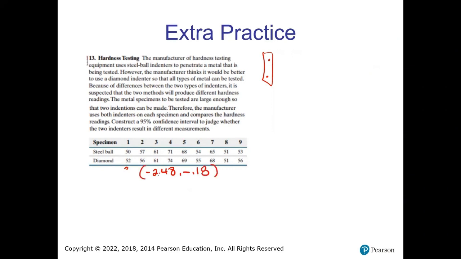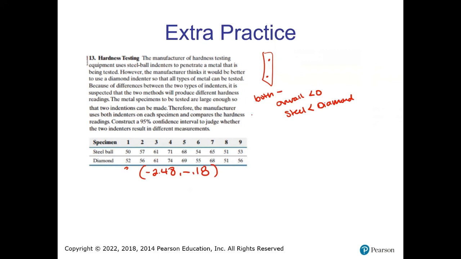These are both negative, meaning steel is less than diamond. So overall less than 0, so steel is less than diamond.